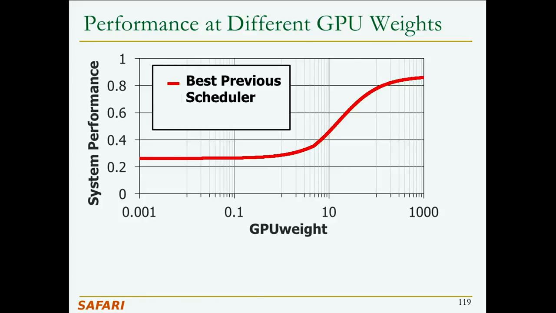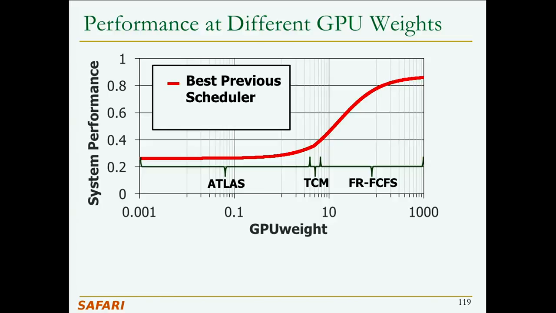And for some performance metric, this is the performance that different schedulers get. As you can see over here, the performance is really high because you're prioritizing the GPU, and the GPU inherently has very high performance, right? The best previous scheduler is different depending on what you want to optimize. If the GPU is important, first ready, first come, first serve is not a bad scheduler because it's optimizing for row buffer locality, which the GPU has a lot of.